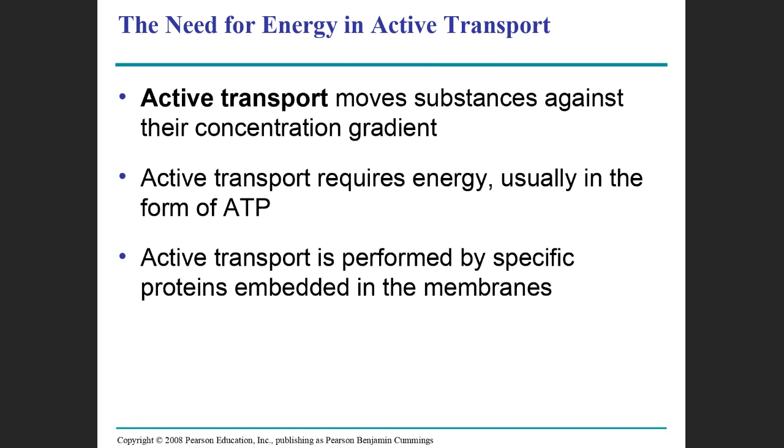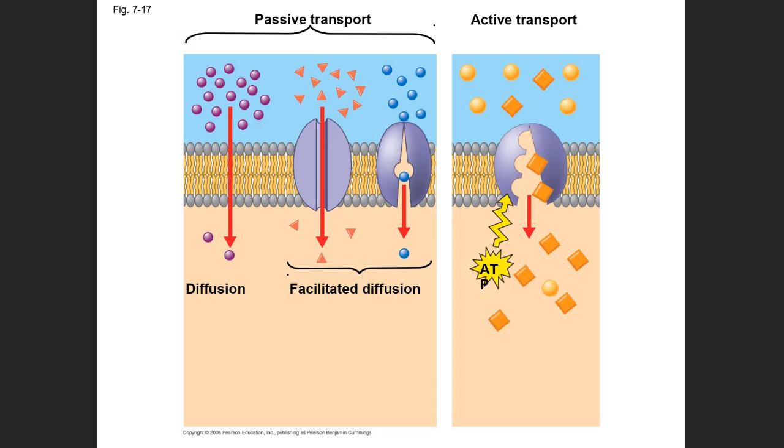Active transport is performed by very specific proteins embedded in the membrane. So here we see passive transport. Certain molecules, nonpolar molecules, small things like oxygen and CO2 can diffuse through the membrane. Other molecules that are either big or maybe charged, they need help.